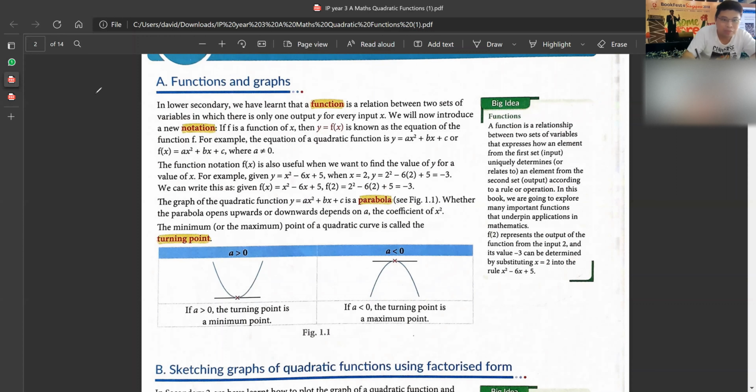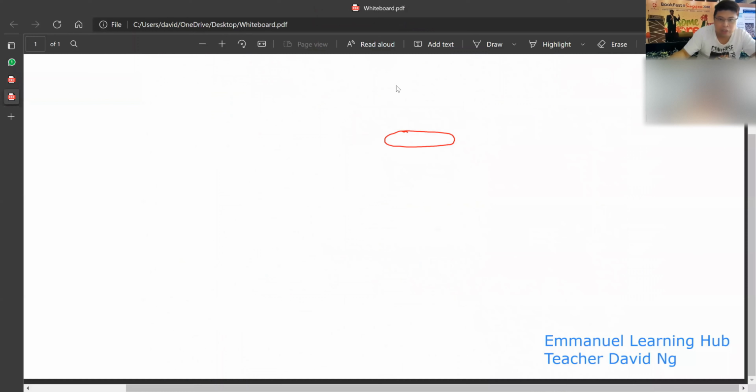No? Okay, because this expression here, ax squared plus bx plus c, is the standard equation for your quadratic equation.